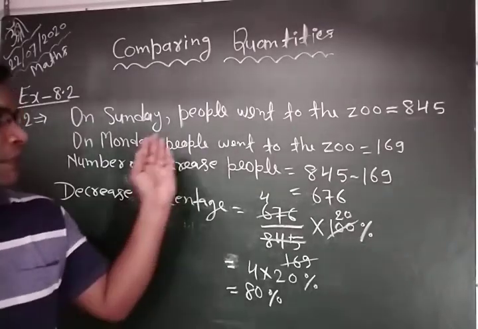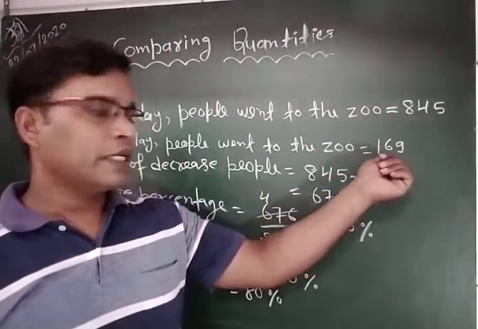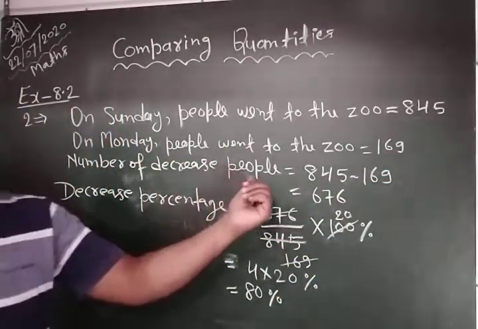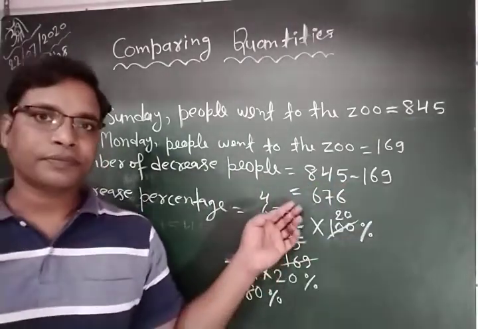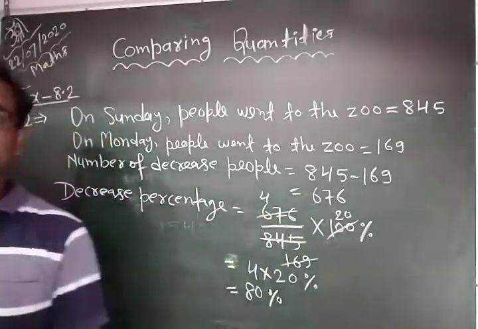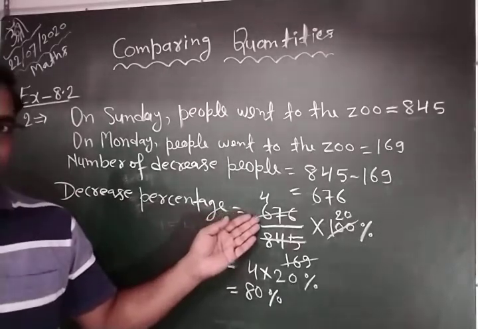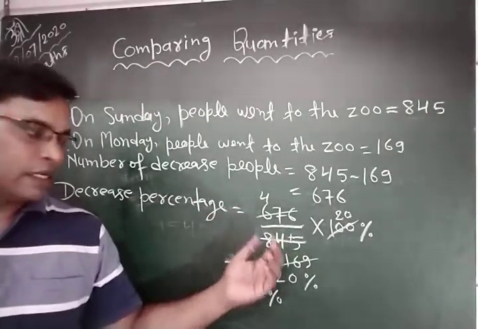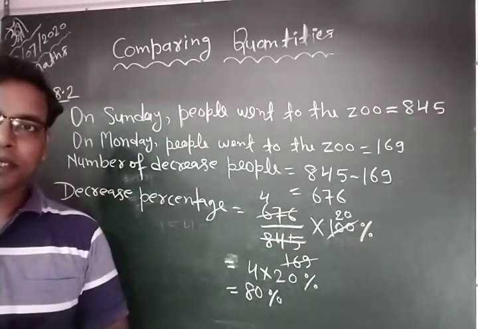Okay, so the number of people on Sunday is 845, and on Monday 169. So the number of decreased people is 845 minus 169, which is equal to 676. After this, we find the decrease percentage. Okay, so 676 by 845, and after this we simplify it, and we obtain 80% people decrease on Monday. This is clear?